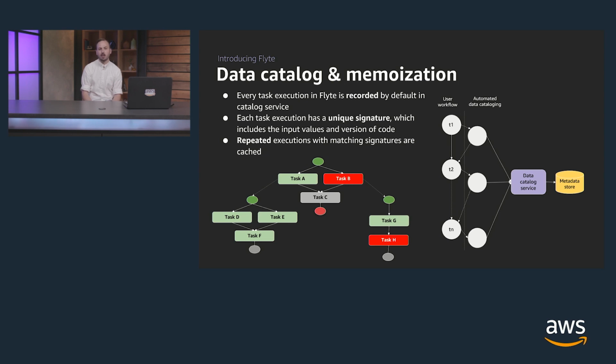That means that when Flight sees a task that is going to be executed, we can evaluate those inputs and the configuration for that task and say, hey, I've computed that already and it was successful. Here is the output. We don't need to spend $10,000. Not only does that save money, it saves time.